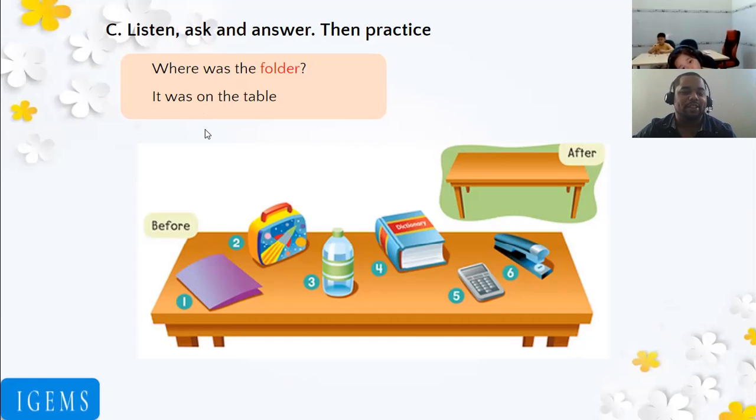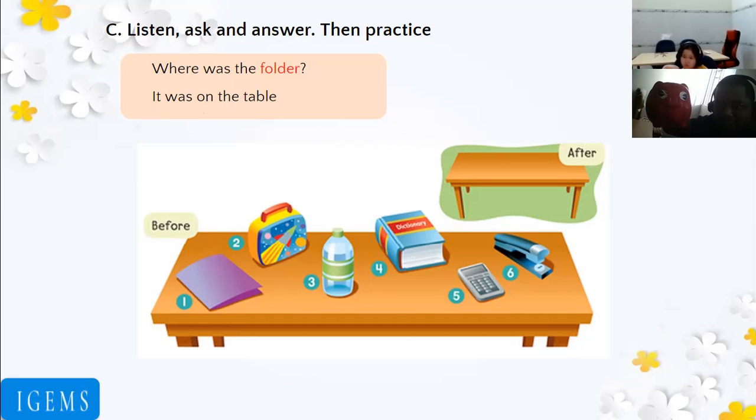Okay, look at here. So this is my table, and then I have a piggy bank. Can you see my desk? Okay, so here I have a piggy bank that is on the table.